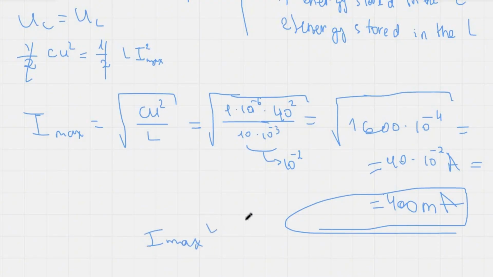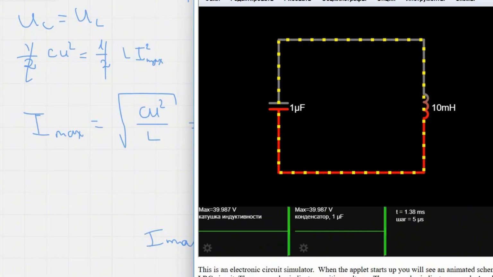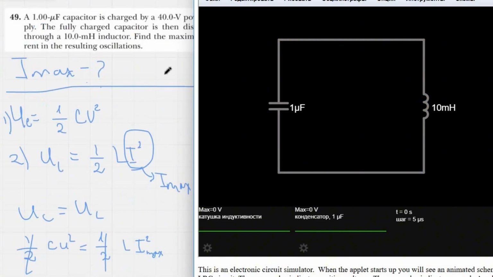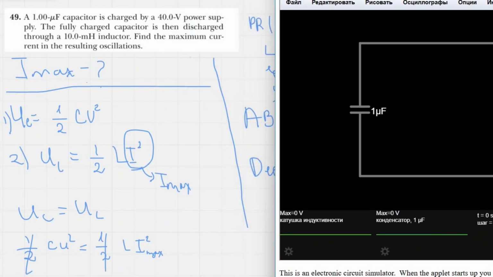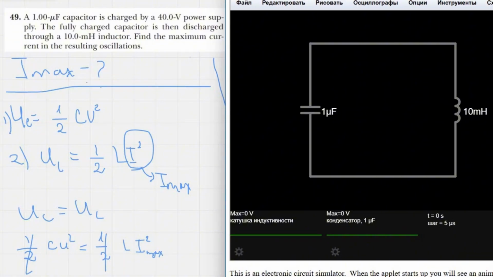So we found I max. Now, let me show this in its circuit, its simulation. I forgot about that. Sorry. So that's how the simulation looks. It's our capacitor and it's our inductor. Now let's start our simulation.